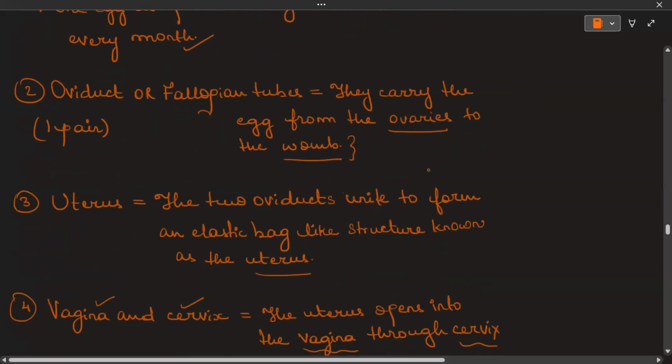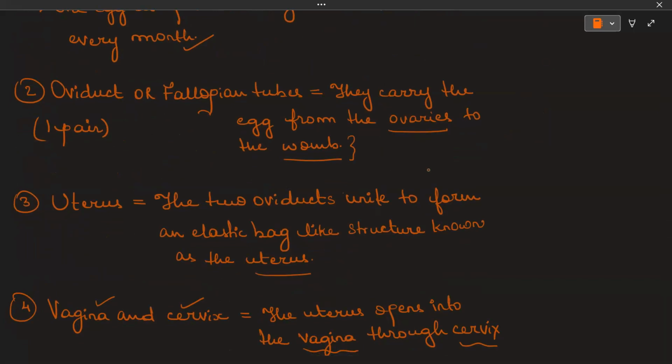Now, after that, like the male reproductive system had the vas deferens, here there is the presence of the oviduct or fallopian tubes. These are again one pair, since one comes out of each ovary. They carry the egg from the ovaries to the womb or the uterus.